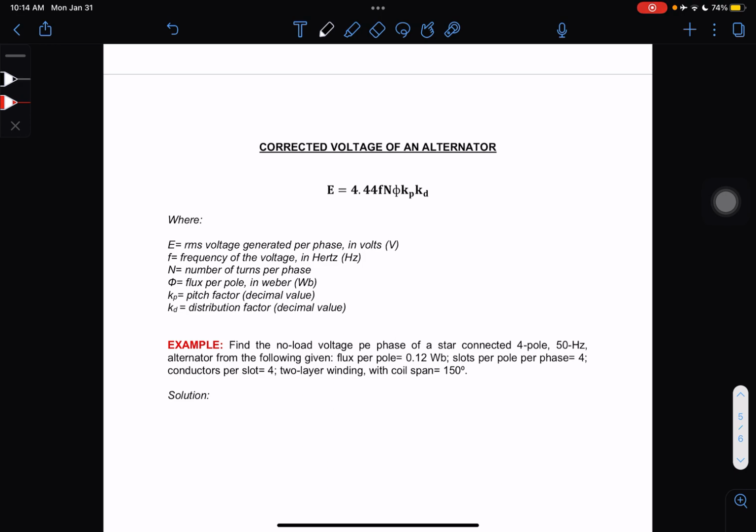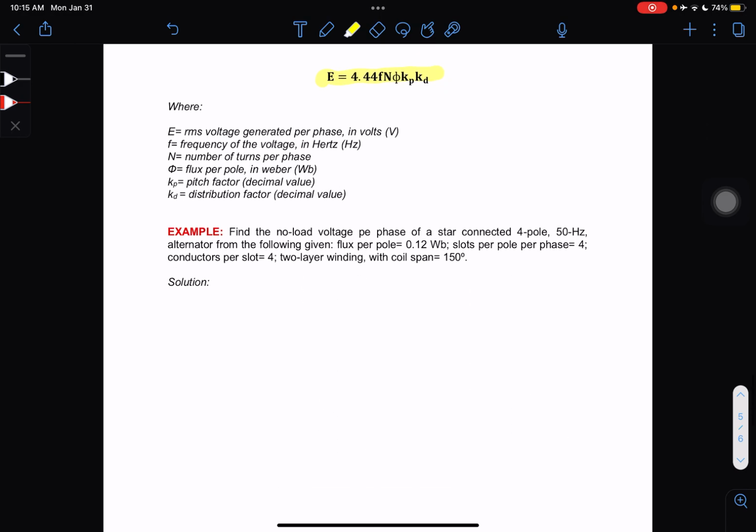E is equal to 4.44 multiplied by F, multiplied by N, multiplied by the flux per pole, and the pitch factor and the KD factor. You must memorize this formula. So let's have an example for that. It's a bit long.